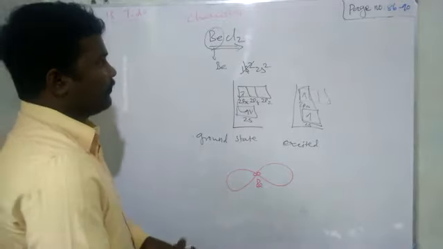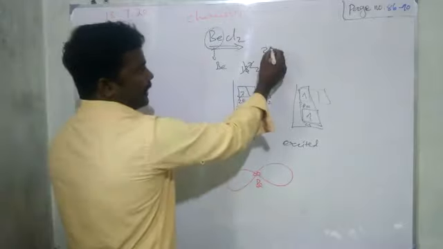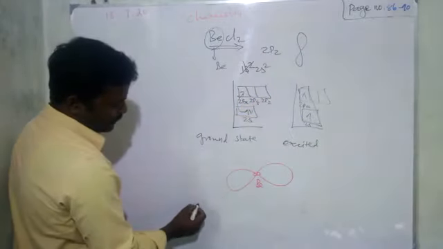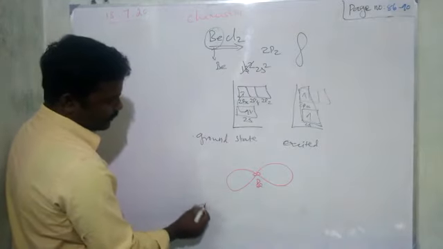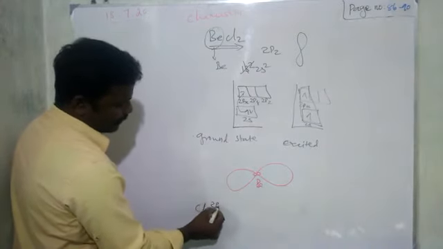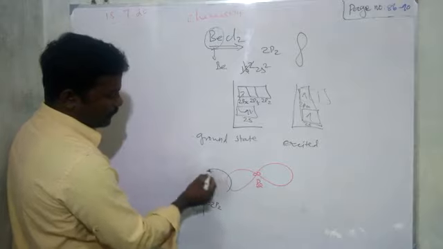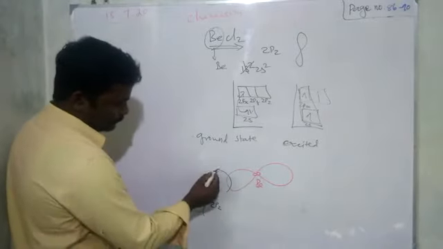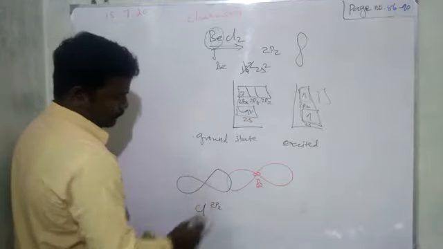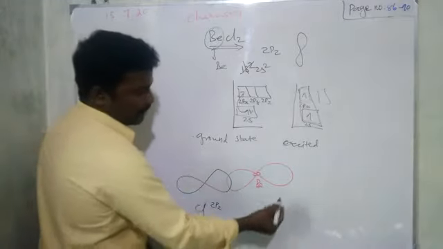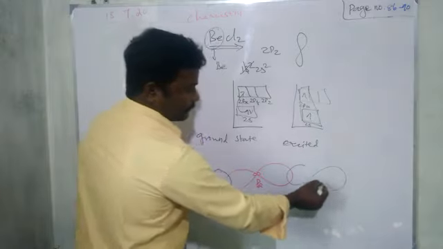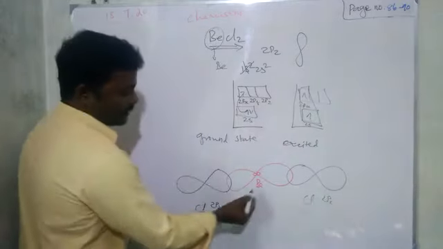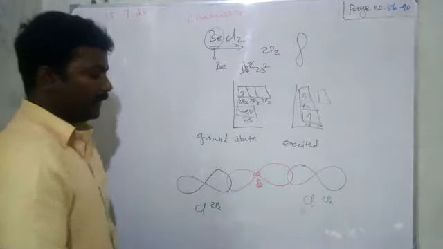Then the first chlorine has a 2pz orbital, which is dumbbell shaped. On this side also, another chlorine with its 2pz orbital. This is beryllium's hybridized orbital.